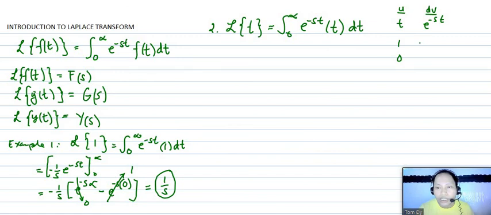So negative 1 over s, e to the negative st. And then if we integrate this one, negative s times negative 1 over s times negative 1 over s, that is 1 over s squared, e to the negative st. So we will just multiply this one directly.